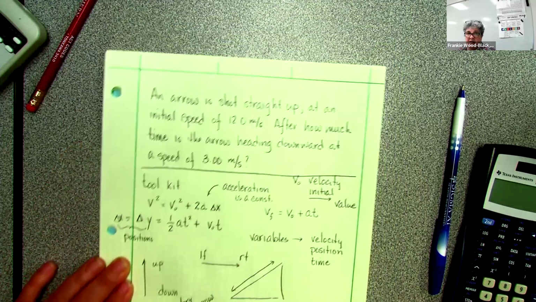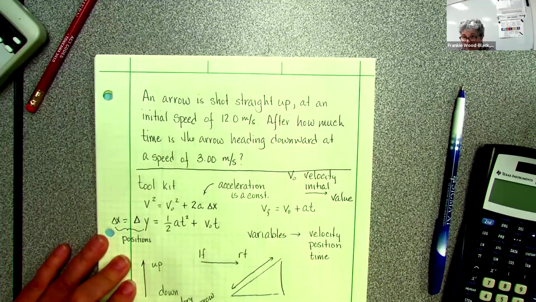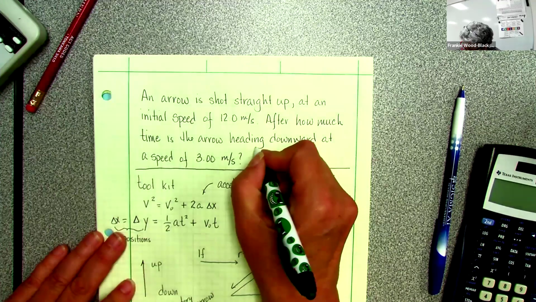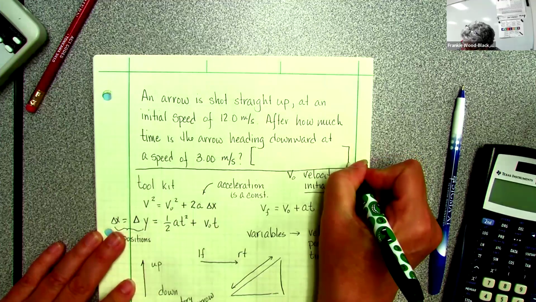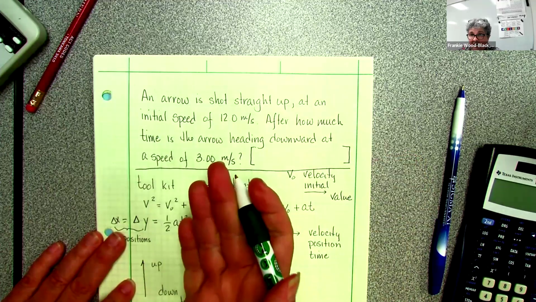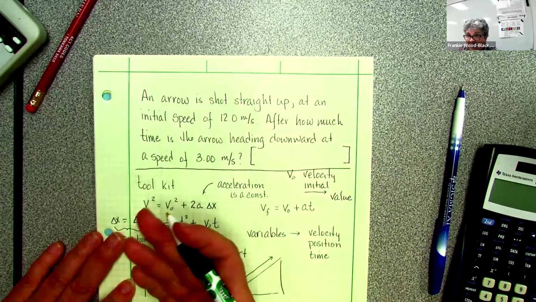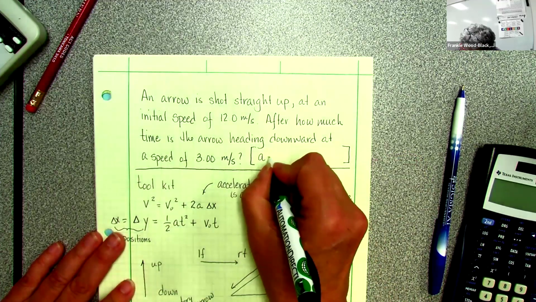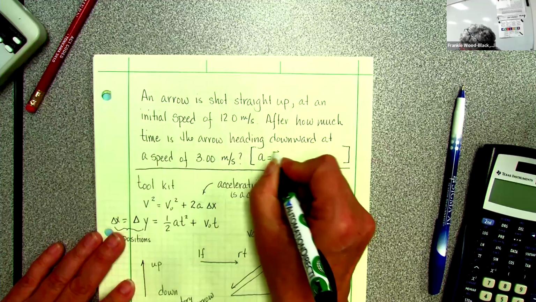Now, there's something in the problem that they've given us that they're assuming that you know. The assumption is, if I'm tossing a ball, a golf ball, an arrow, I'm going to have an acceleration that's going to equal my acceleration due to gravity.